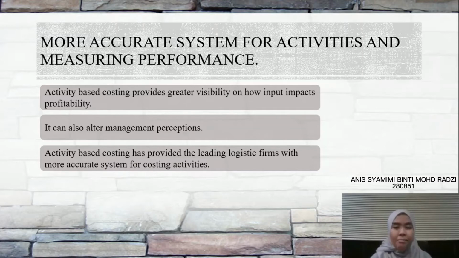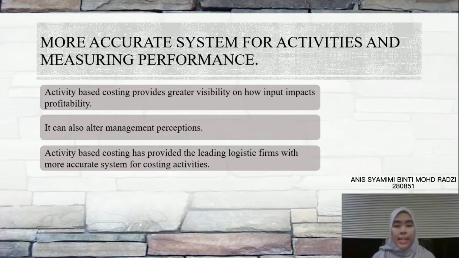Besides that, the activity-based costing system is also much better than the traditional cost accounting system, but it also has disadvantages. So I think that is all about the presentation from me, and it is the end of the presentation from group 1. Thank you.